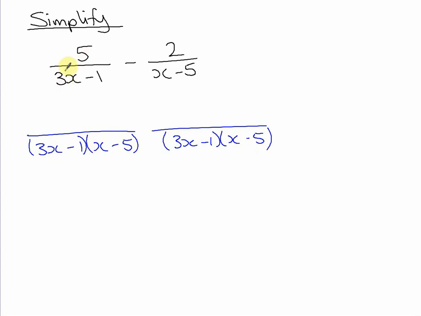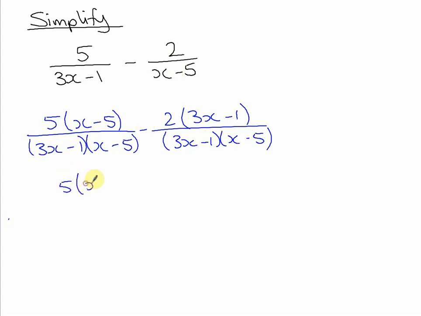So this one on the left we're timesing by x minus 5. You could think about it as cross multiplying, but I'm not a fan of that technique. This one we have to multiply by this denominator, so 3x minus 1. Okay, again, if you cancel these off, you'll see that you go back to the original question. So don't do that. Put your minus in there.